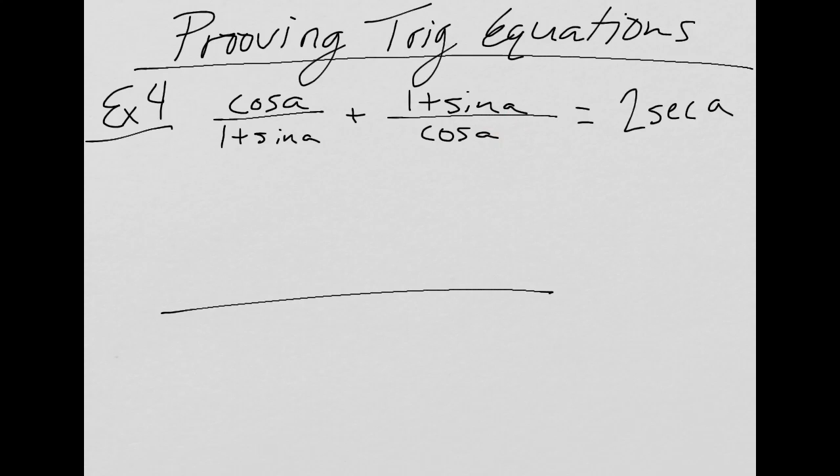So if I multiply those denominators together, that'd be cosine A times 1 plus sine A. All I did was multiply this times this. Is there anybody confused on what I did there?